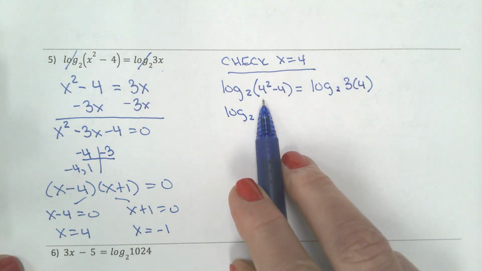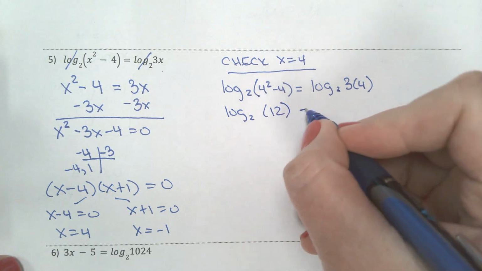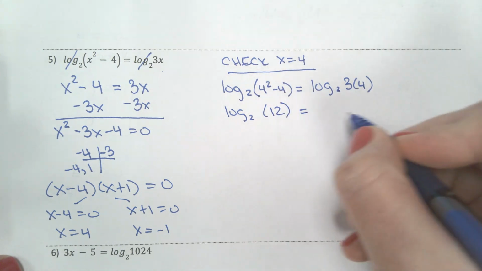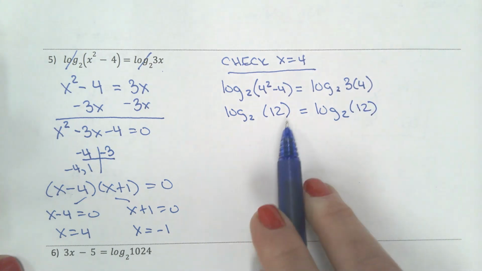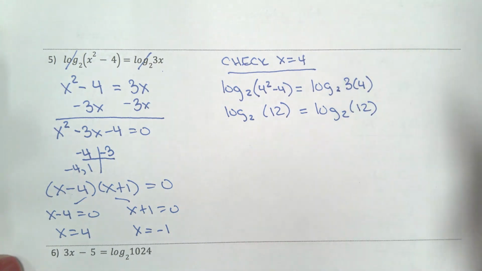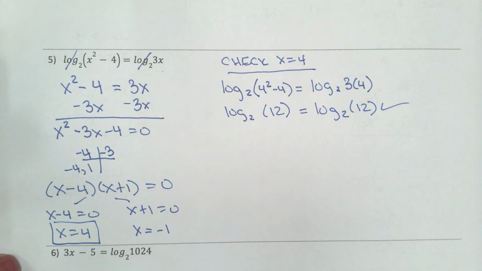Four squared is 16. 16 minus 4 is 12. And on the other side, 3 times 4 is 12. I have 12s in both positions, and 12 is a positive number, so x equals 4 is a good answer.